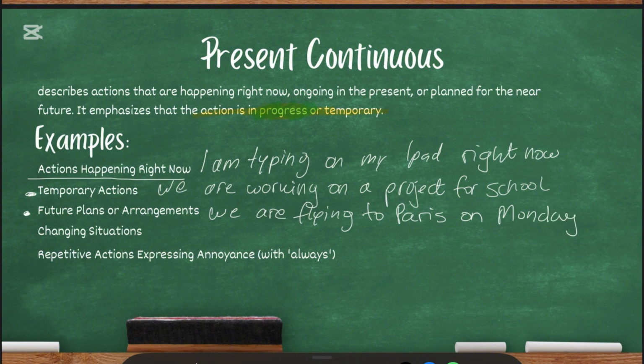Okay, the next one is changing situations. What this means is to describe a situation that is changing or developing, like it's in action, it's in motion. For example, the weather is getting colder, is gradually getting colder.